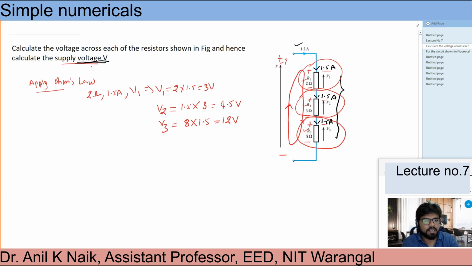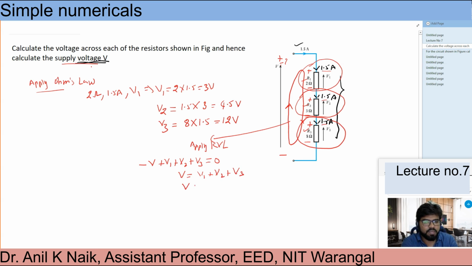Then apply KVL. I can write minus V plus V1 plus V2 plus V3 equal to 0, or V is equal to V1 plus V2 plus V3.